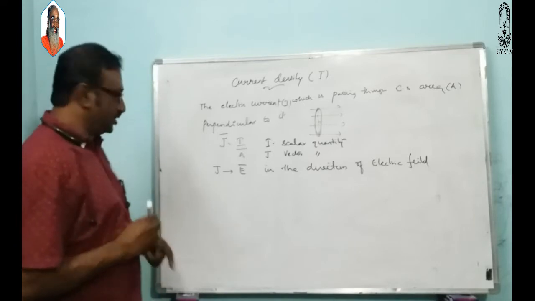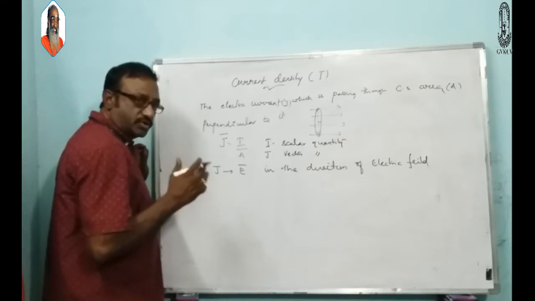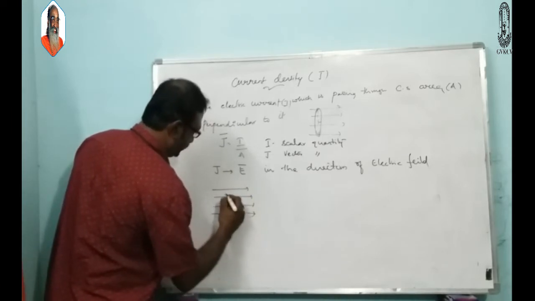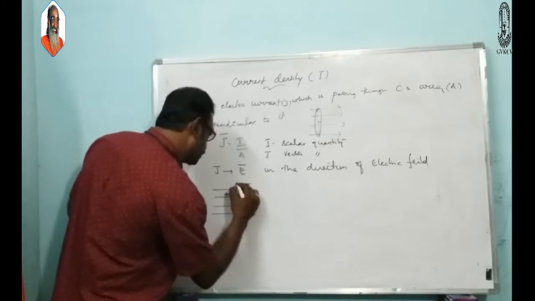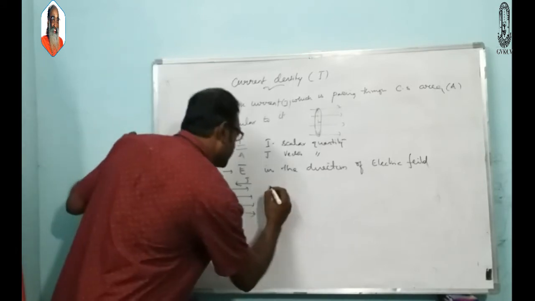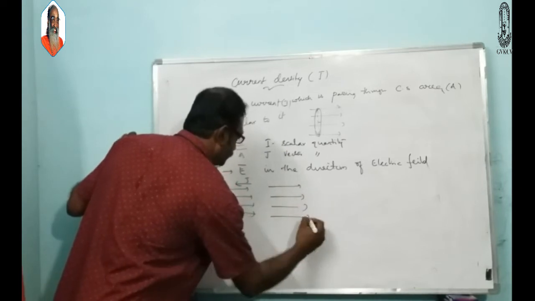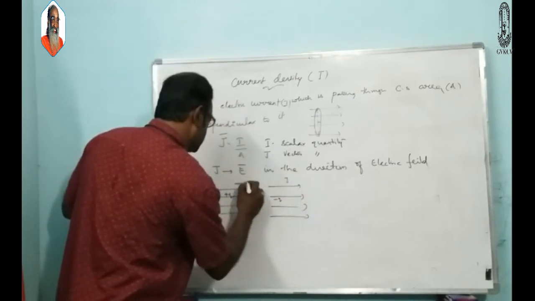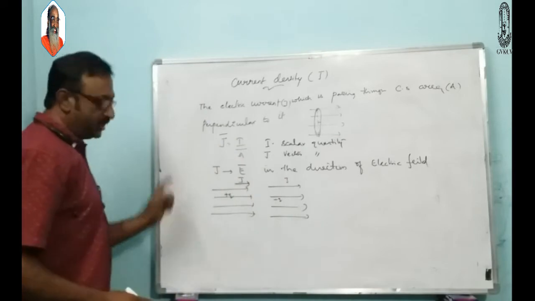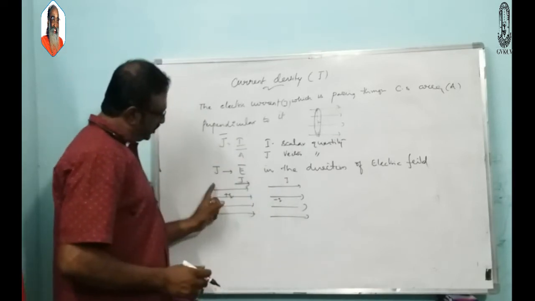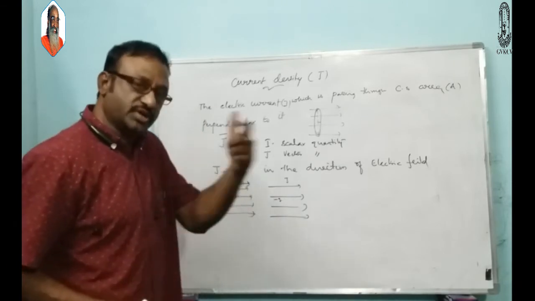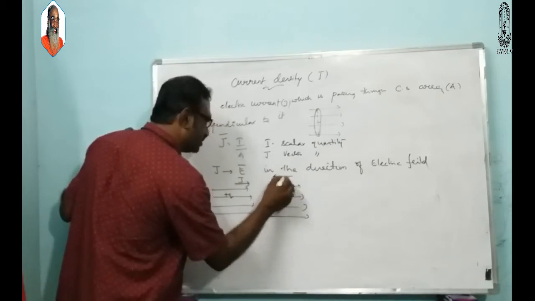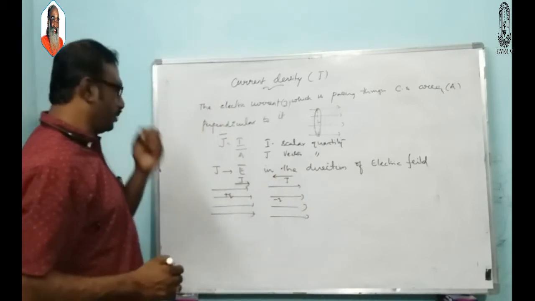If the charge carriers are positive, and you are considering the moving positive charges, then J will be in the same direction as their motion, because it is in the direction of the electric field. If the moving charges are negative, then J will be opposite to their direction of motion.